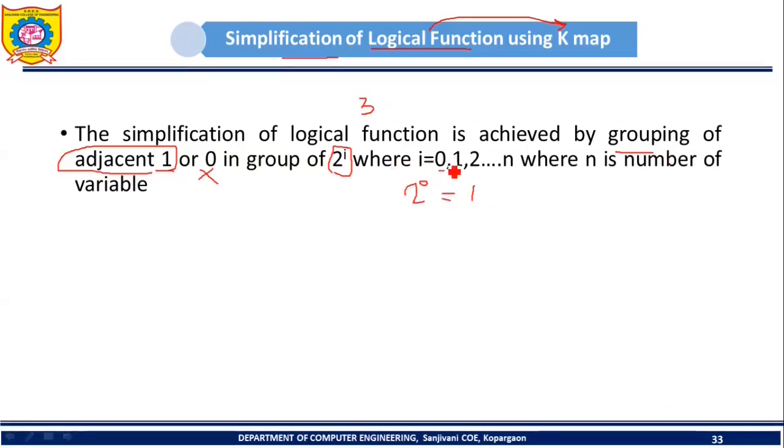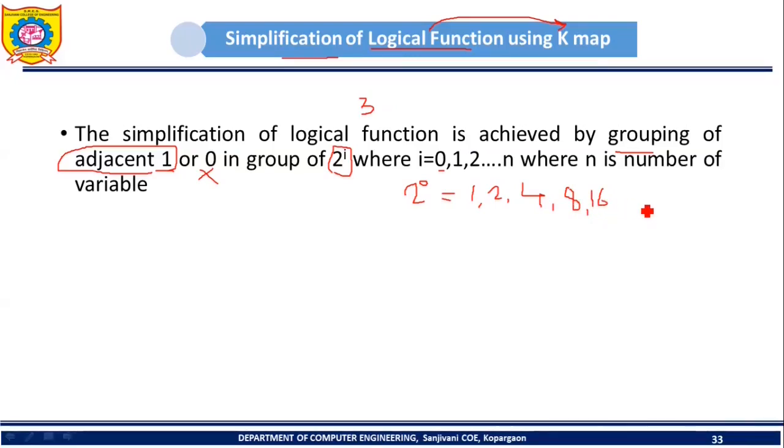If the value of i is 1, then 2 raised to 1 is 2, so we can make a group of two 1s. So we can make a group of a single 1, a group of two 1s, or if the value of i is 2, then 2 raised to 2 is 4, we can make a group of four 1s, a group of eight 1s, a group of sixteen 1s.